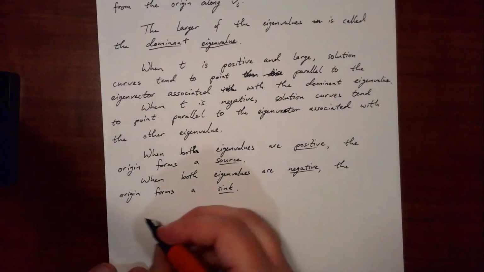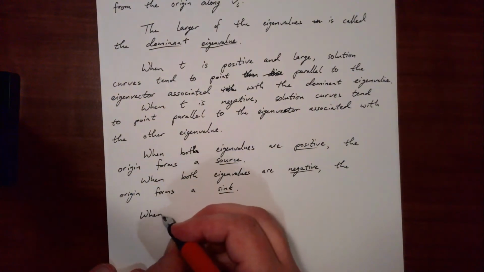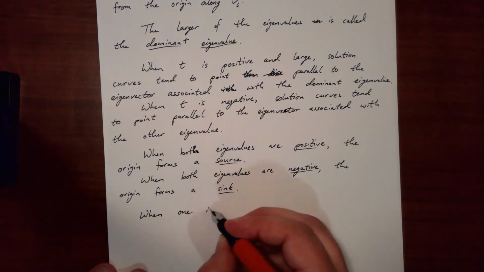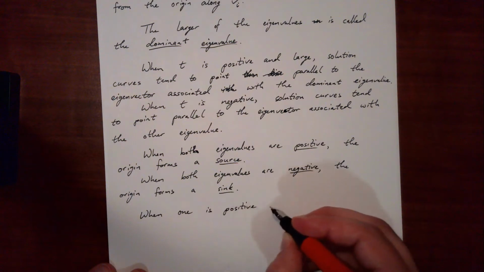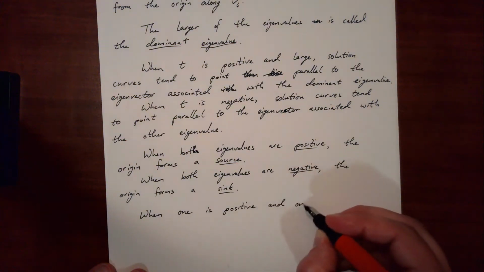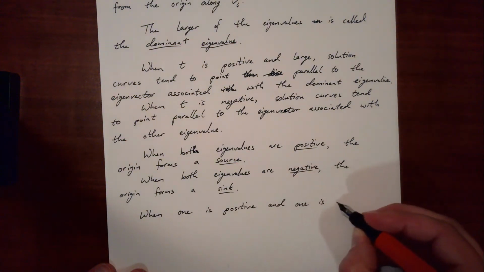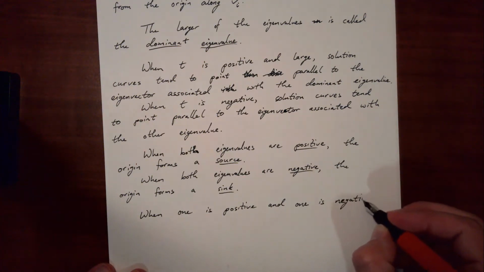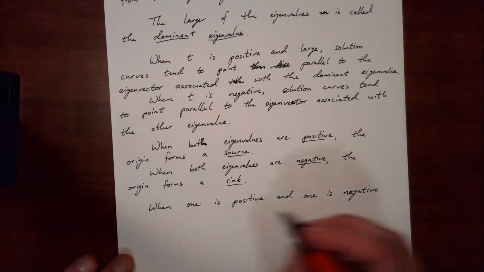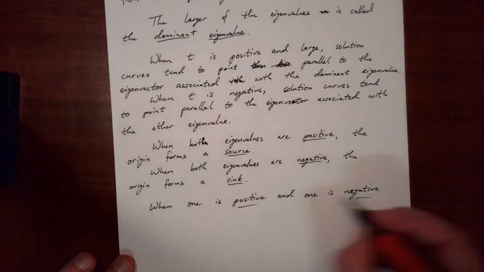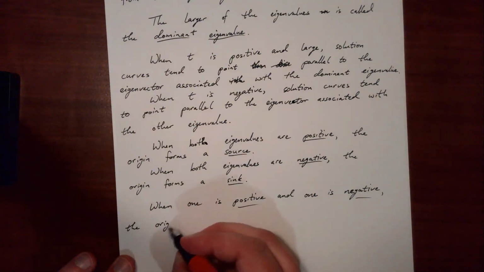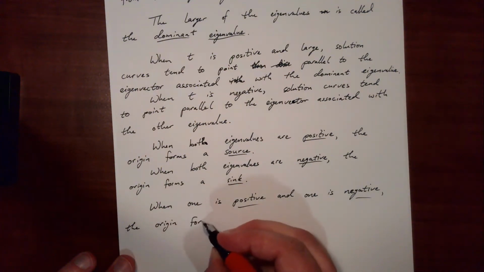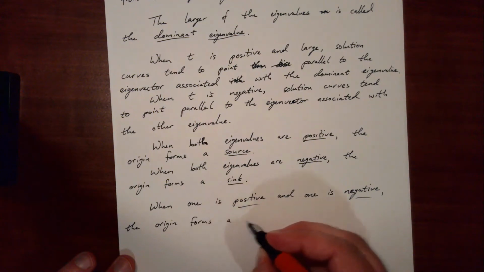And if it's one of each, when one is positive and one is negative, the origin forms a saddle point.